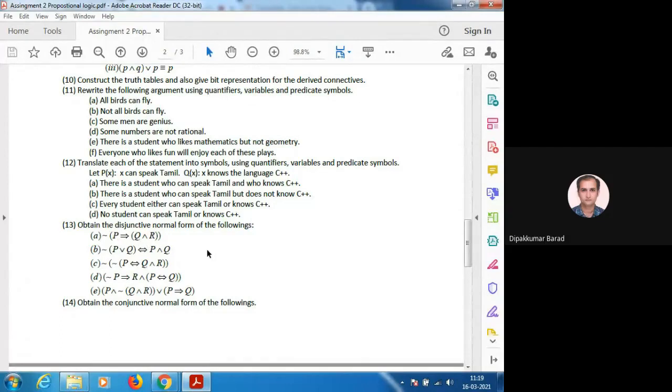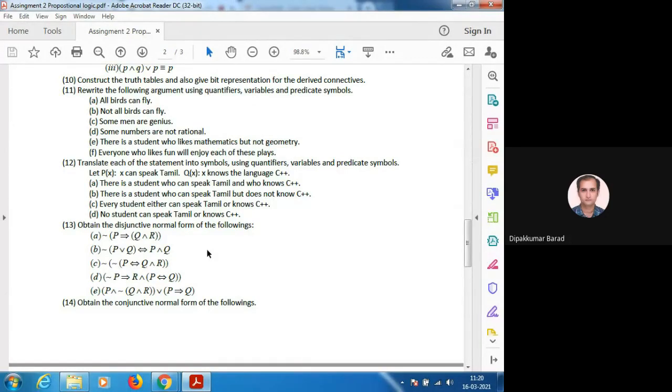Sum means OR, and product means AND. So connective OR we call sum, and for elementary product, suppose P and Q are statements, then P and Q is an elementary product, or P and not Q is also an elementary product.